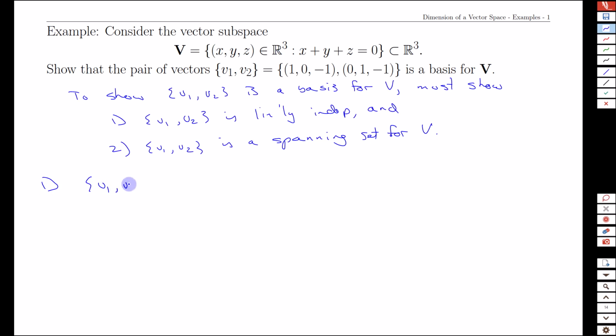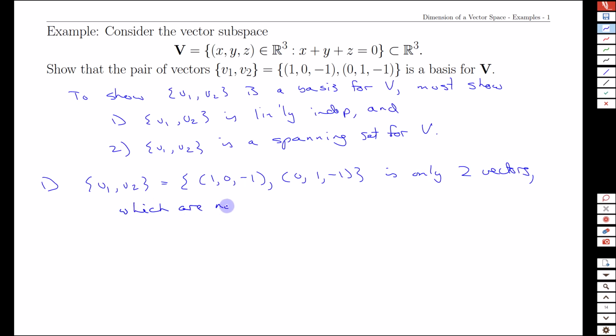Fortunately, v1, v2, which is equal to the set 1, 0, negative 1, and 0, 1, negative 1, is only two vectors. And because it's only two vectors which are not multiples of each other, that means that they are linearly independent.